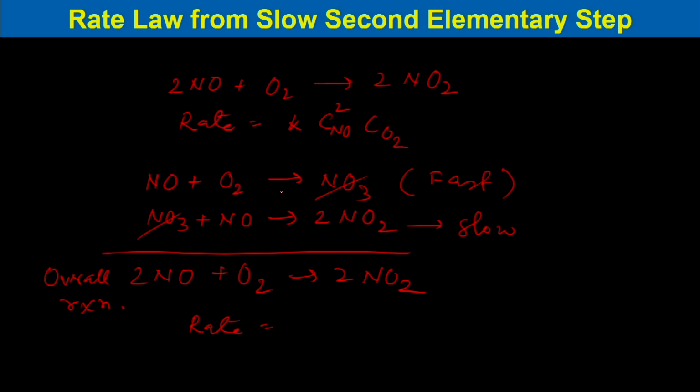The first reaction is considered to be an equilibrium reaction and hence the rate is written as K2 into K equilibrium, concentration of NO squared, concentration of oxygen, which is equal to K into concentration of NO squared into concentration of oxygen.